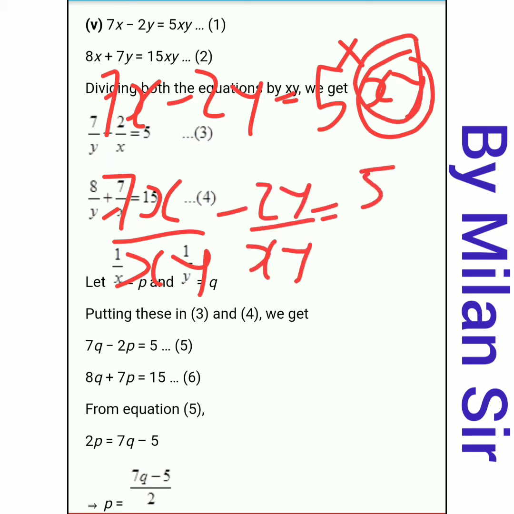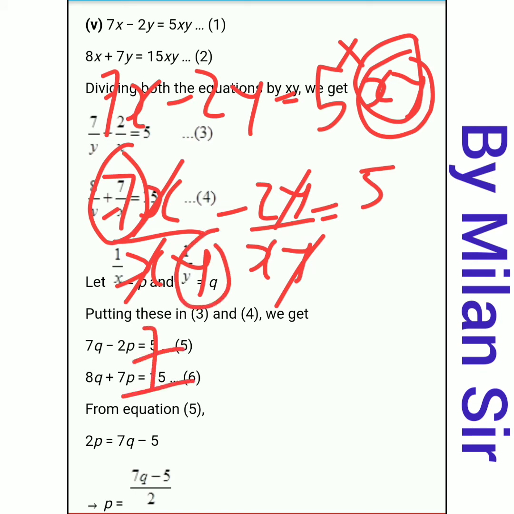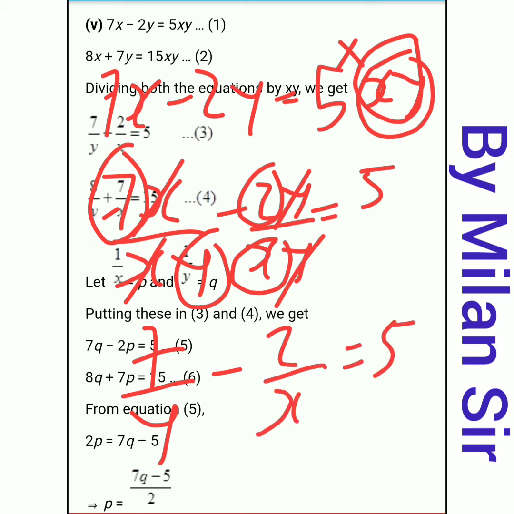This xy goes to the left hand side, and we give a separate denominator to both these terms. So here x, x cut, here y, y cut. So finally 7 upon y minus 2 upon x is equal to 5. Okay, this is our equation number 3. 7 upon y minus 2 upon x is equal to 5.